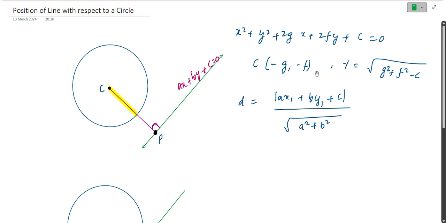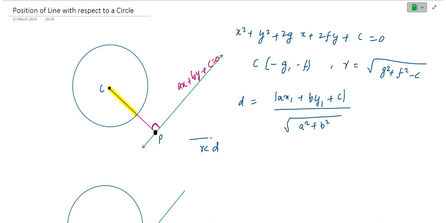If you observe, the highlighted part here is the radius, and the distance is the CP distance. Which one is greater? Here the distance D is greater than the radius of the circle. In this case, the radius of the circle is lesser than the distance between the center and the line.